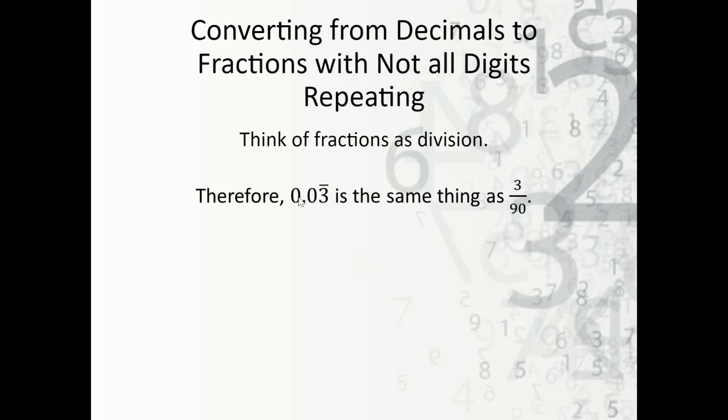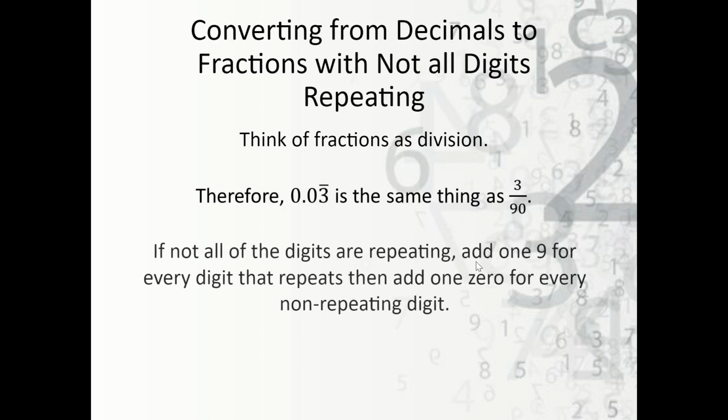Now for this one, we have 0.03 repeat, which I'm telling you is the same thing as 3 over 90. Now here's how this works. For every digit that is repeating, we include a 9. For every digit that's not repeating, we include a 0, just like we did before.